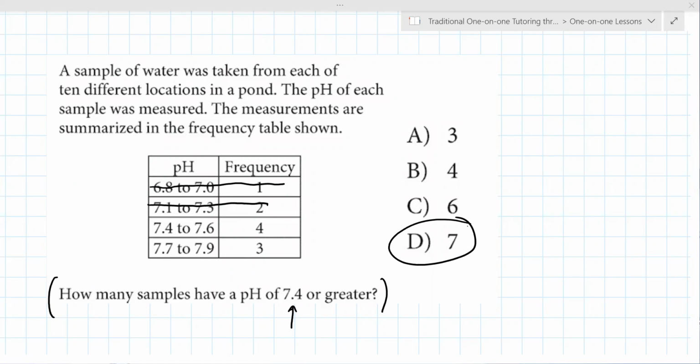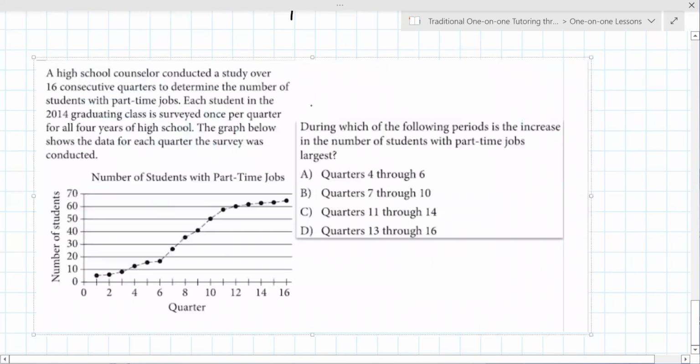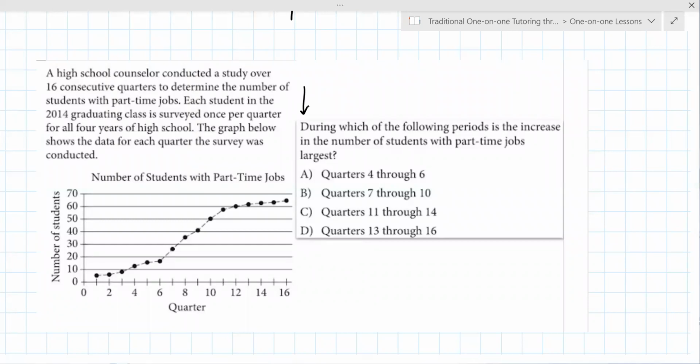Okay, so let's try and use the same strategies for this problem here. Try to read the question first. And the question's over here. Could you read that out loud for us? During which of the following periods is the increase in the number of students with part-time jobs largest? Okay, so they're saying, is it from 4 to 6? Or is it 7 to 10?